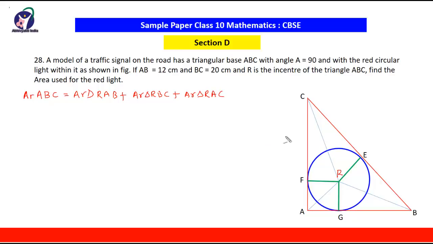So ABC, that is 1/2 base into height. So base will be AB, height will be AC. So 1/2 into base into height.